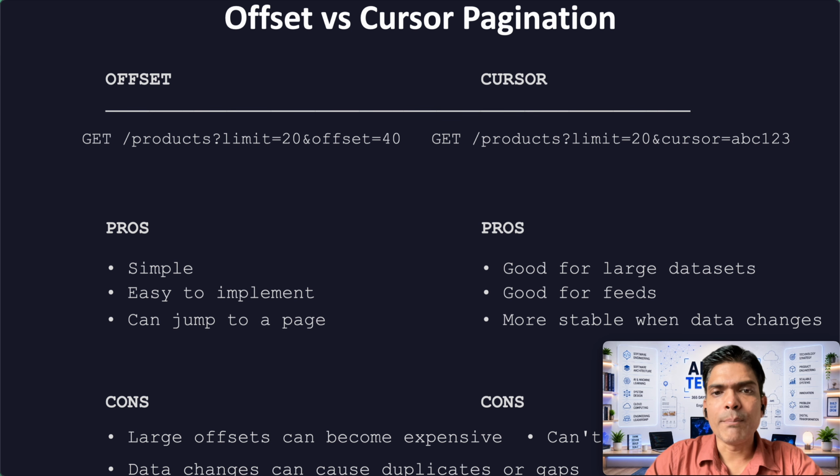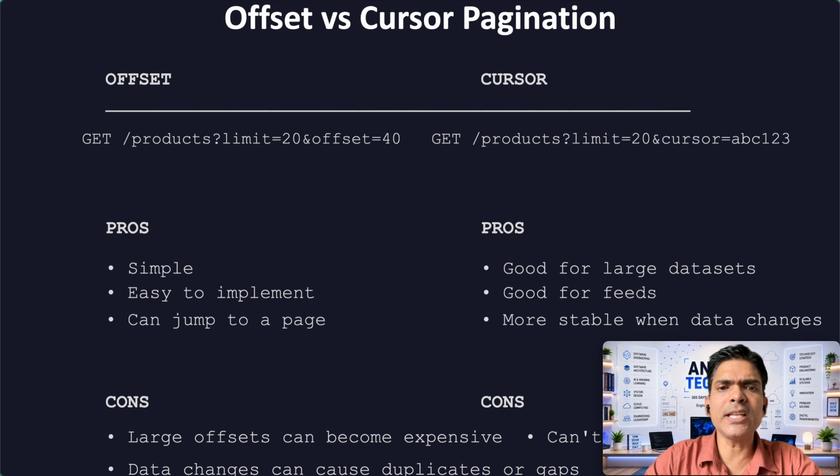It's simple, but with very large offsets, it can become inefficient depending on the database and query. There is also another problem. If records are added or removed while we are navigating through pages, we can potentially see duplicate records or miss some records.